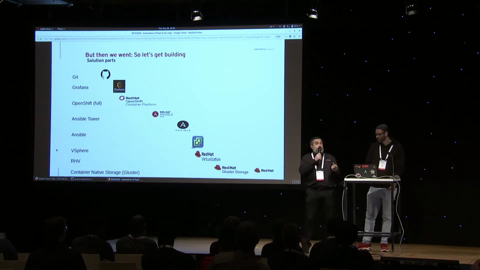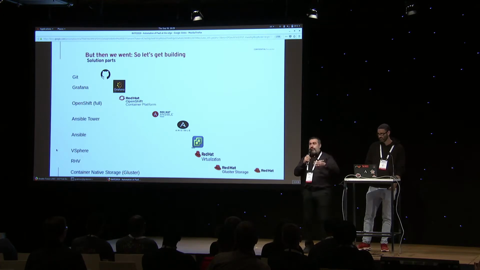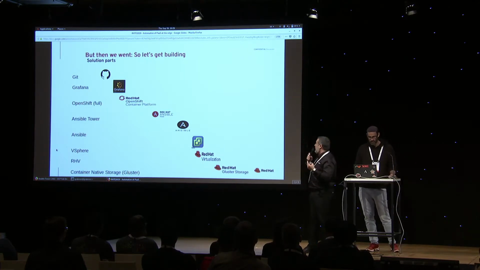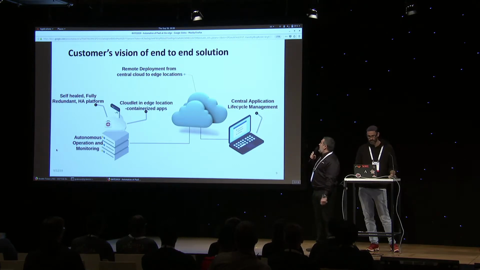And they also want to provide a central vision of everything. So all edge locations' Grafana data should be reflected back to the central location. And definitely we need some kind of reusability, so we're using source version control. Git was our choice. This was the customer's vision end-to-end. By the way, this is from the customer's presentation. I took his permission to use it in our RHT.